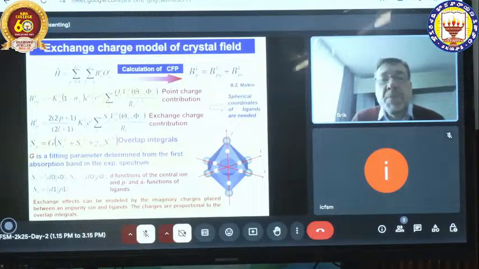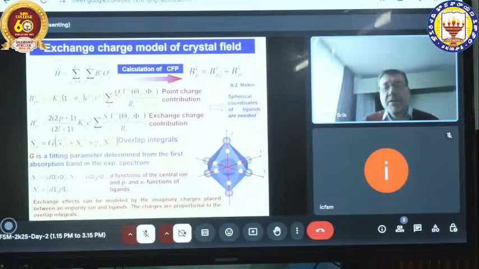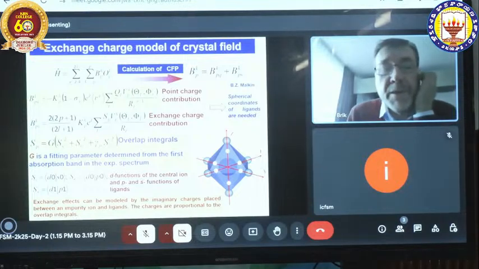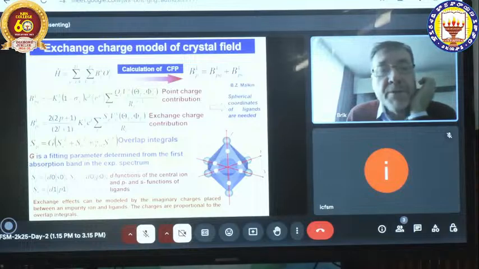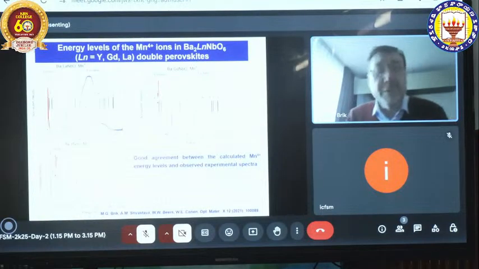Then we can calculate these so-called crystal field parameters, which also include overlap integrals between the d functions of the impurity and the s and p functions of ligands, and then altogether we can find the eigenvalues of this crystal field Hamiltonian and get the energy levels of the impurity. Okay, so here are the results for all those three perovskites we considered.